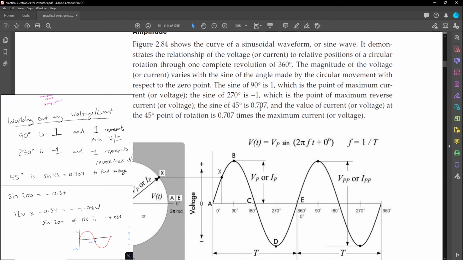So sine 45 is equal to 0.707. So to find voltage, you do max voltage multiplied by 0.707.